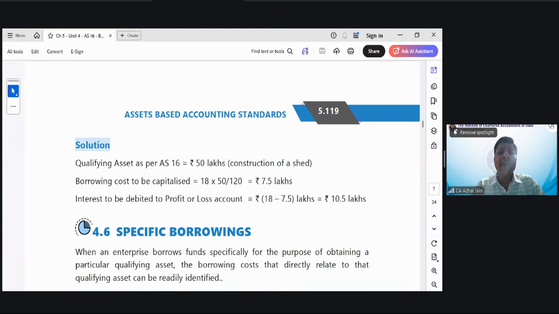So every time in the question, what is going to be your methodology? Compute the total amount of interest. Out of the total interest, compute the amount to be capitalized. The balance amount, you need to take it to the P&L. Okay.